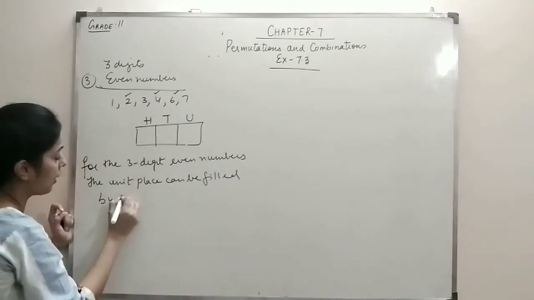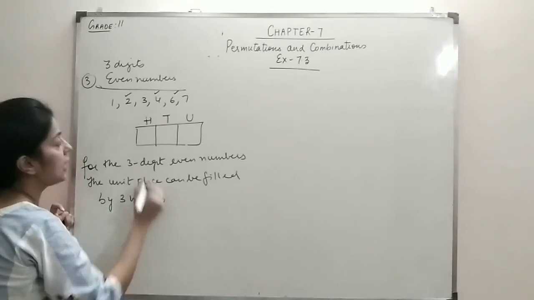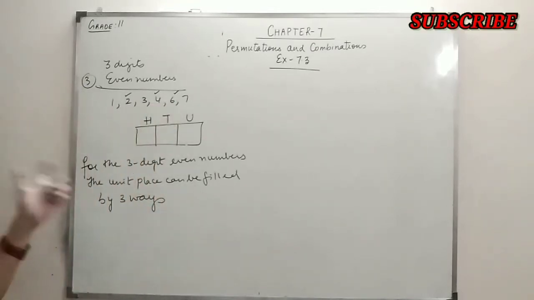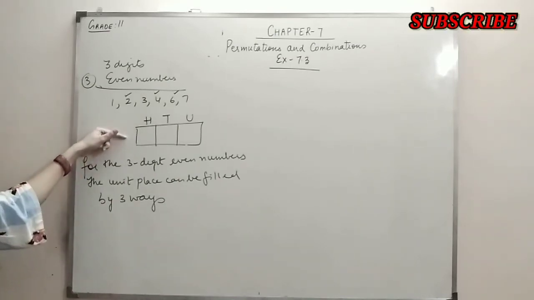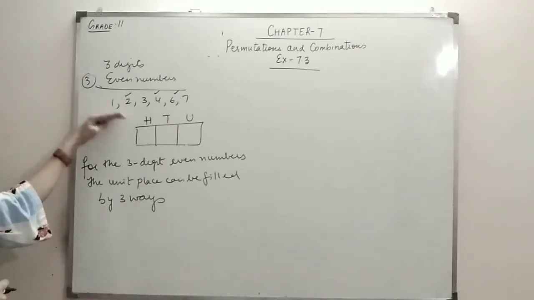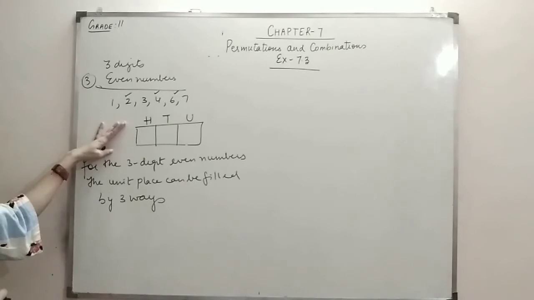We have 3 choices for the unit place. And after that, the remaining 5 digits can be arranged in the remaining 2 places.